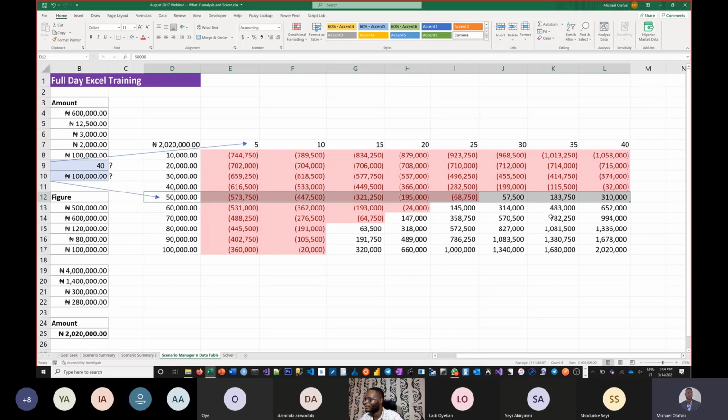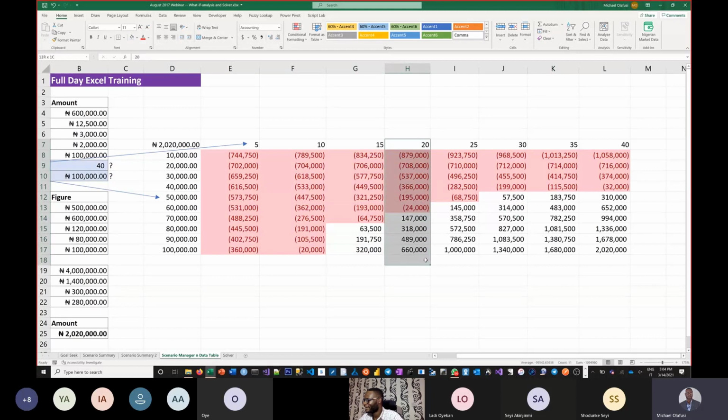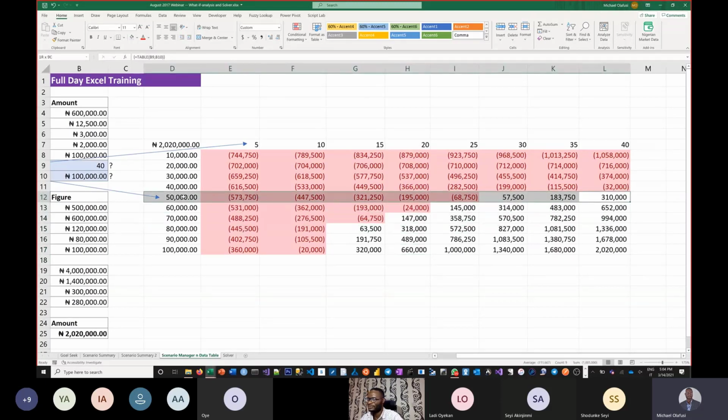So somebody will be thinking, oh, maybe you halve the people since you have double the price. It's not working that way. If you get 20 people, which is half of that 40, you are even making a super profit, more than two times what you would have made for 40 people at half the price of 100.